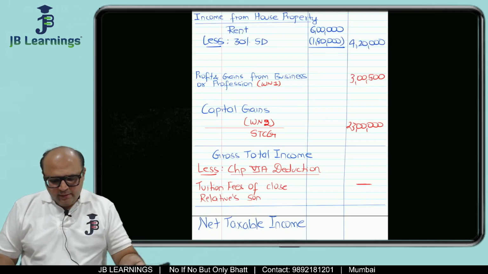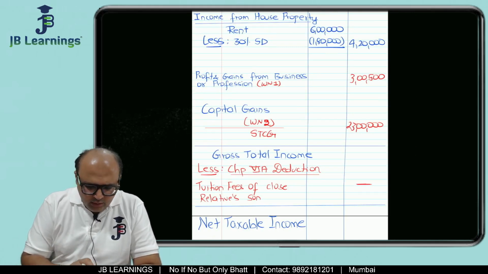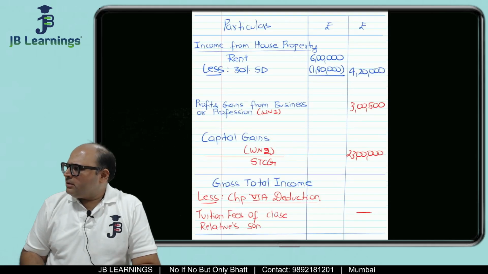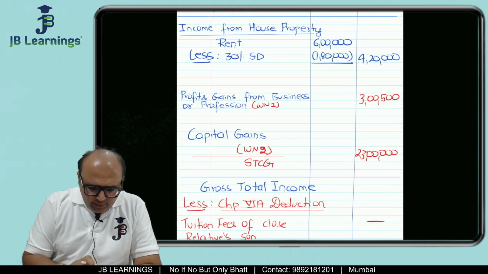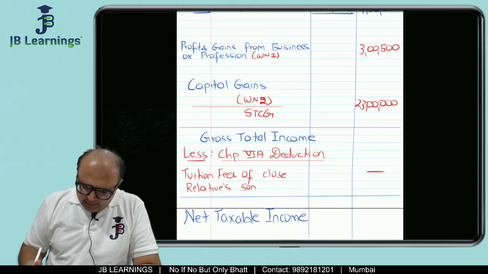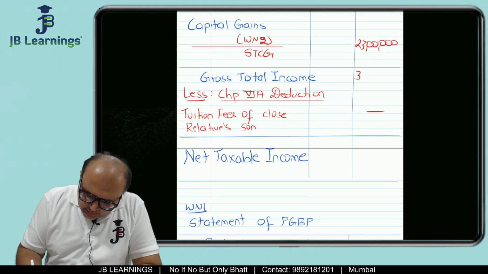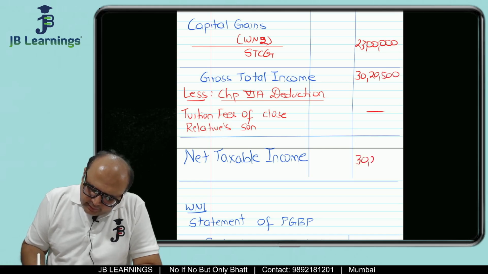So friends, we have 3 lakh 500 plus 4 lakh 20,000 plus 23 lakhs, which is 30 lakh 20,500.